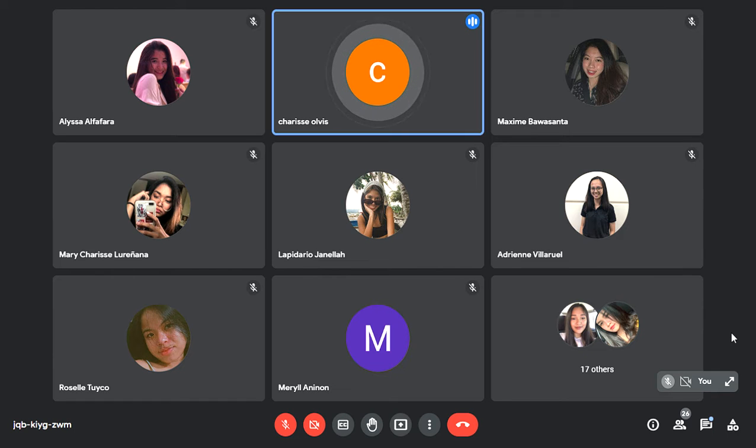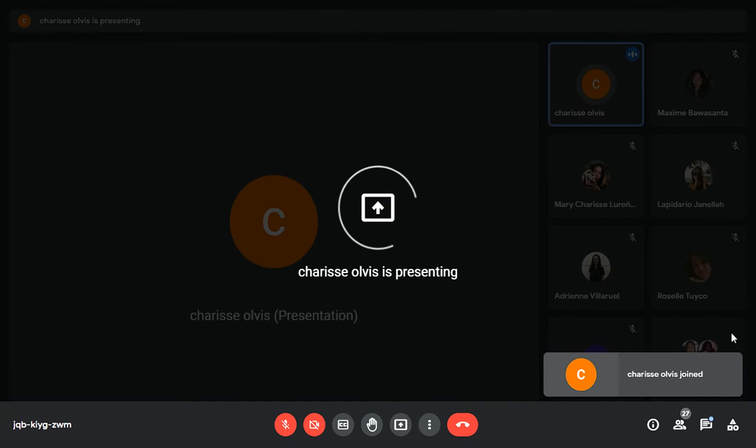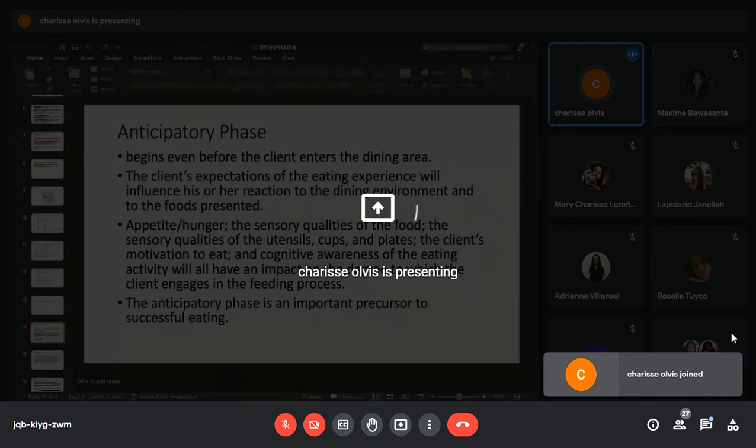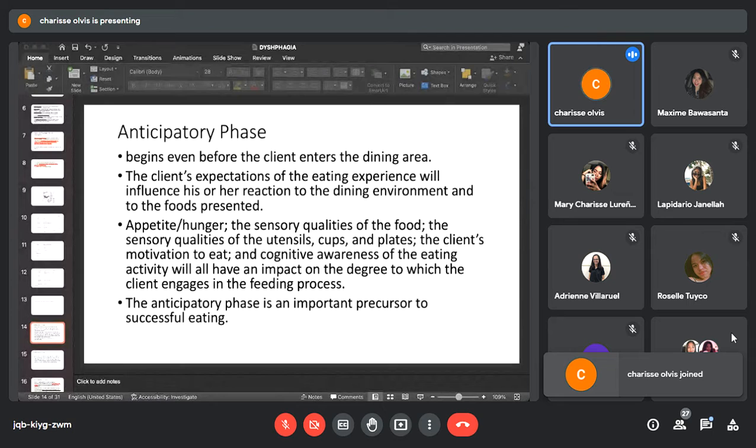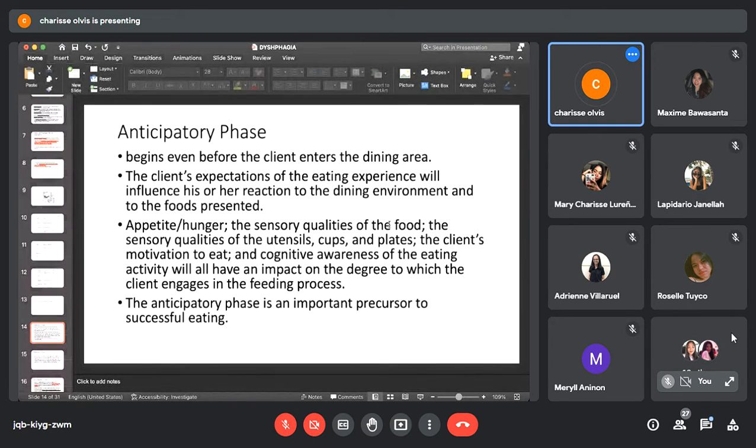Okay, so you can see again, by the way, let's define bolus. The bolus is the chewed food or the masticated food that is encircled, once it is mixed and formed into a circle. That's what you call the bolus, the food that we take.